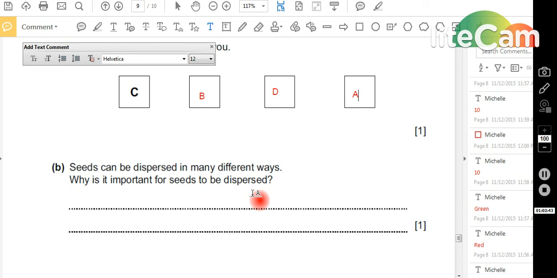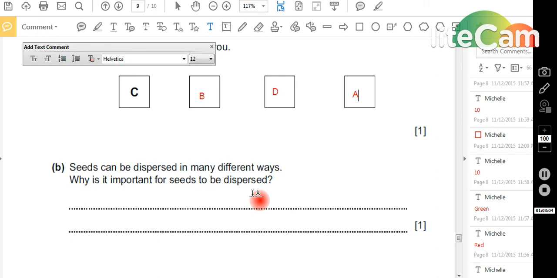And then there's a fire and it kills all the cactus plants. But if the cactus plants were dispersed and there was another colony about a kilometer away, the fire would have missed them and then they could have survived.